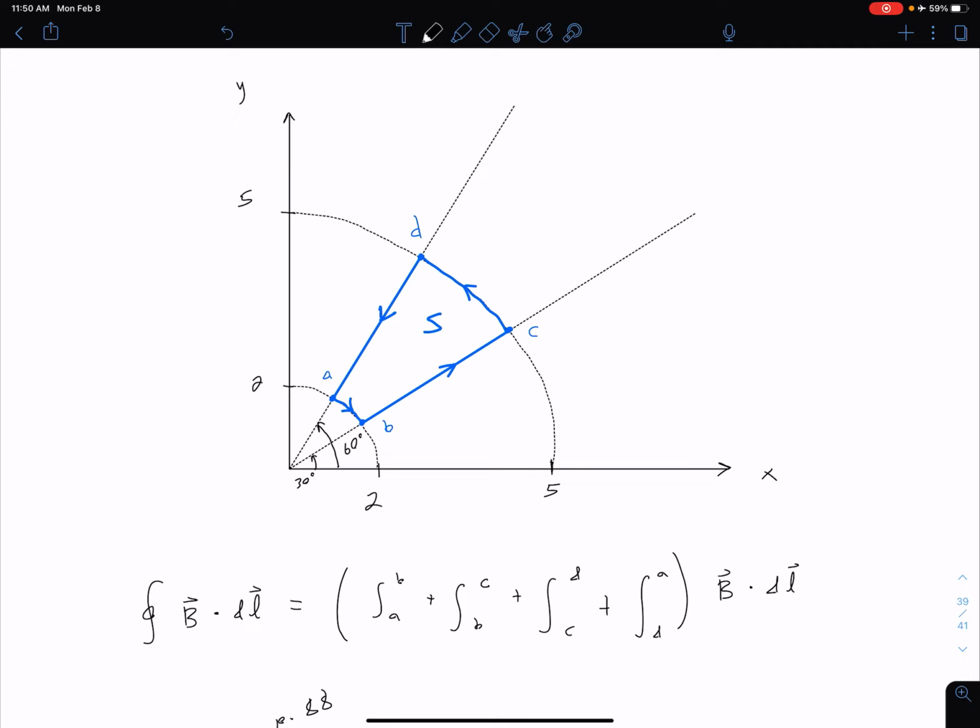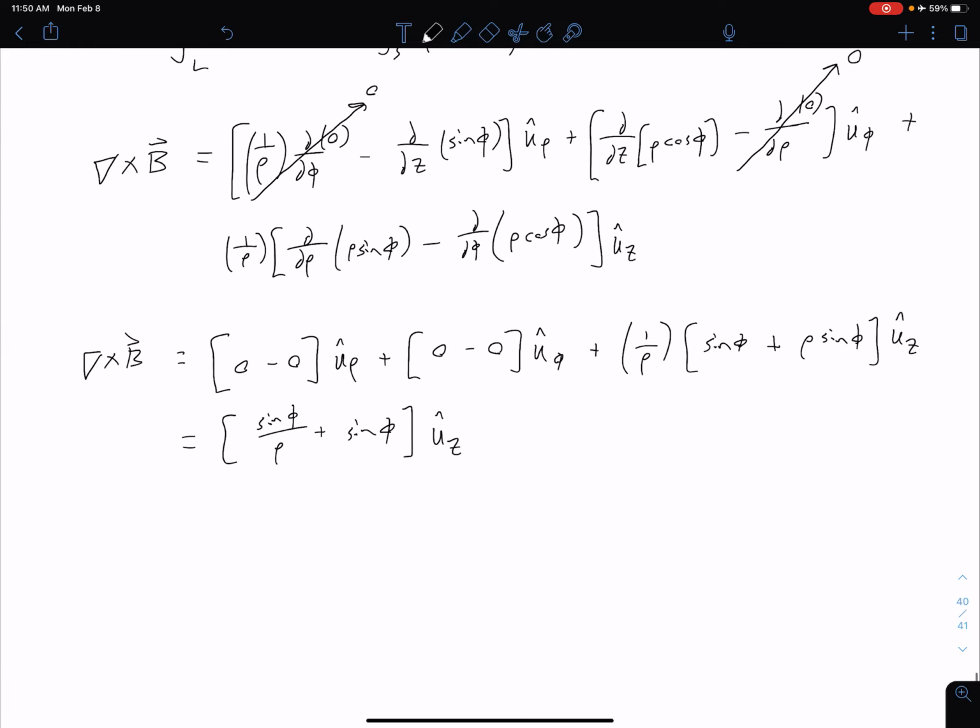And so our right thumb is then pointing in the direction of dS, so it's coming out of the page. So based on the fact that we have x here and y here, our positive z-axis is out of the page. So for our dS, that's going to be equal to that differential surface area, which is d phi d rho, and it's going to be in our z direction.